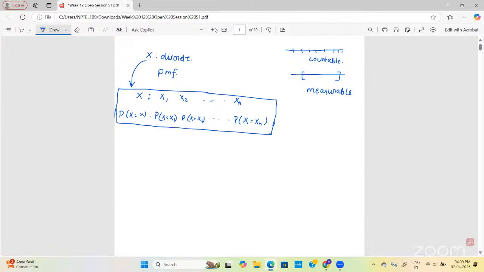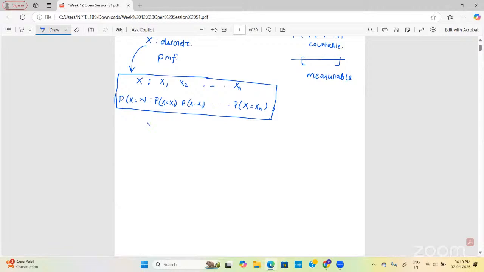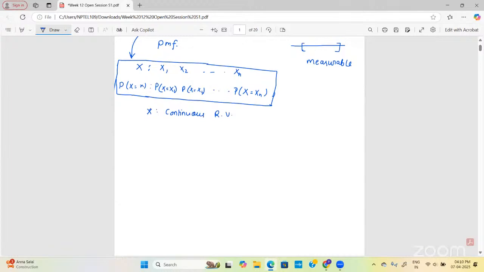These things you have studied up to week 11. Now we have to see the probability density function. If x is a continuous random variable, then we have a curve associated with every continuous random variable.